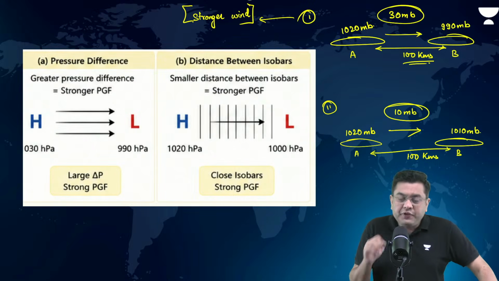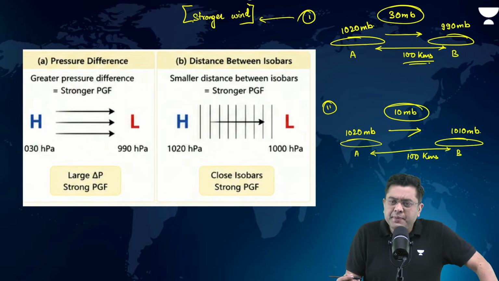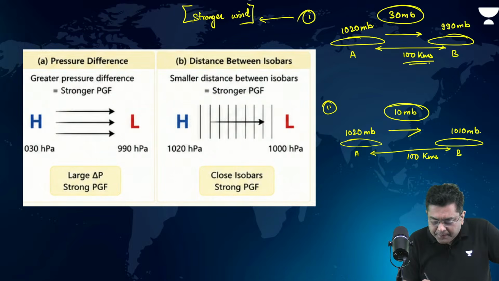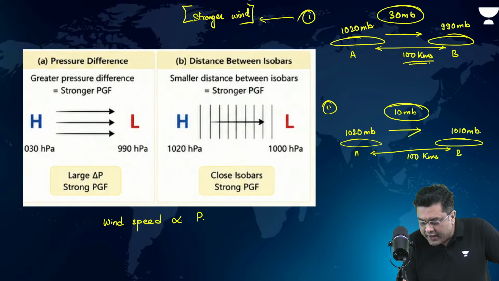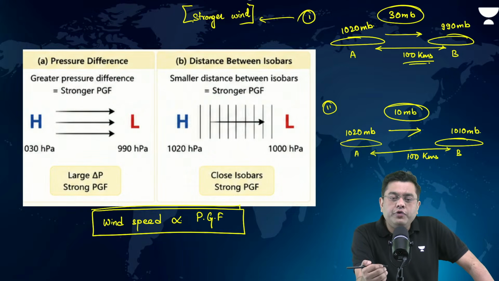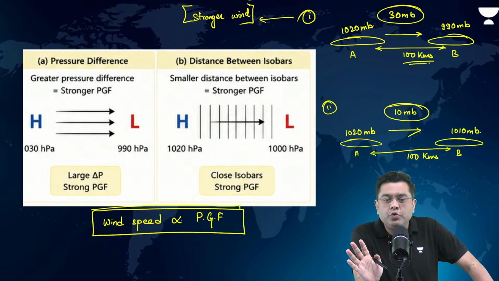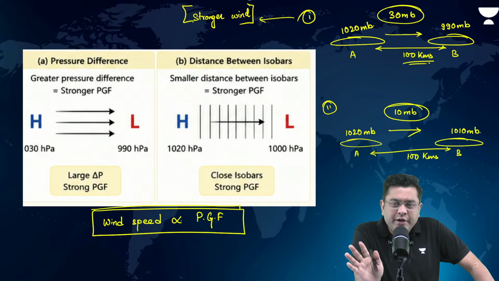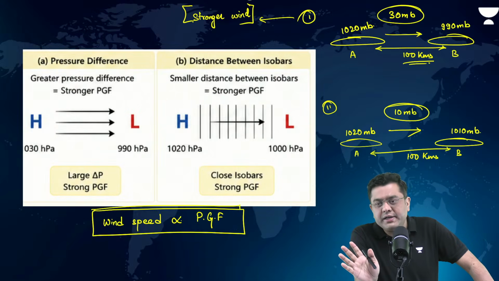Now, in this particular case, remember this, that wind speed is always going to be proportional to your pressure gradient force. Greater the pressure gradient, stronger is the wind. Without a pressure gradient, you will never have a wind coming to existence. For a wind to come into existence, you need a pressure gradient.